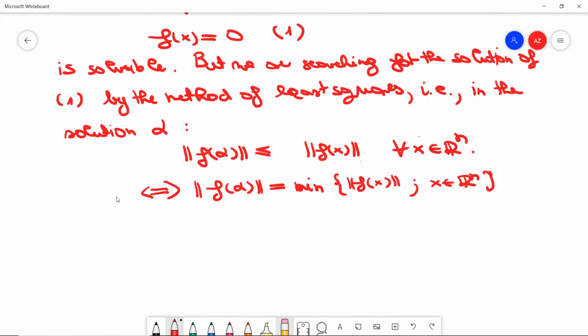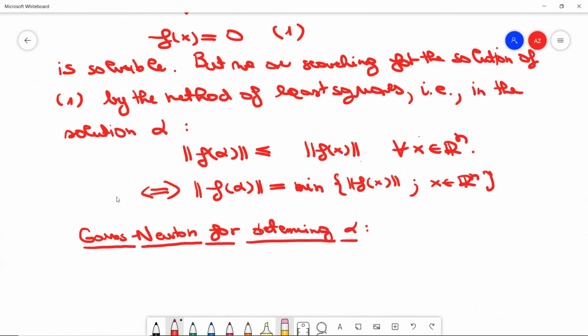So the Gauss-Newton method for searching alpha is the following. It's an iterative method, so in the first step we choose an initial approximation x naught, which is an n-tuple.